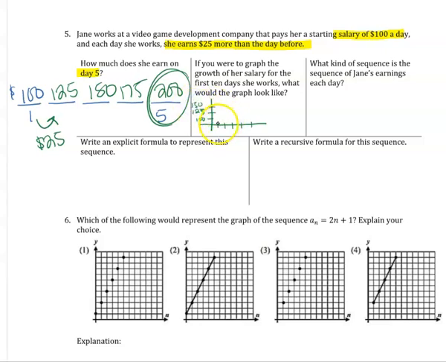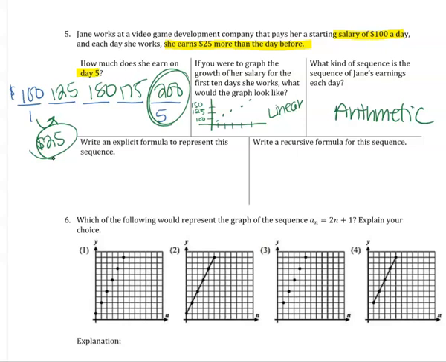Okay, I think you'll start to get the idea from here. That's taking on a linear pattern, which means the type of sequence we're describing here is an arithmetic sequence because you're adding the same amount of $25 each day.